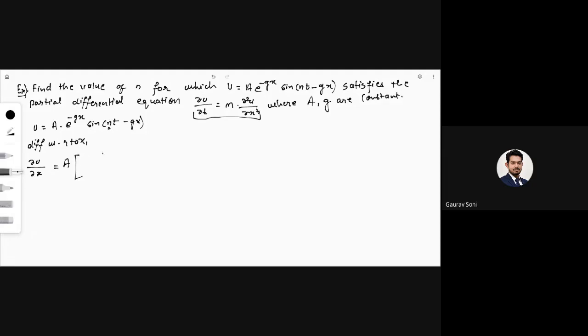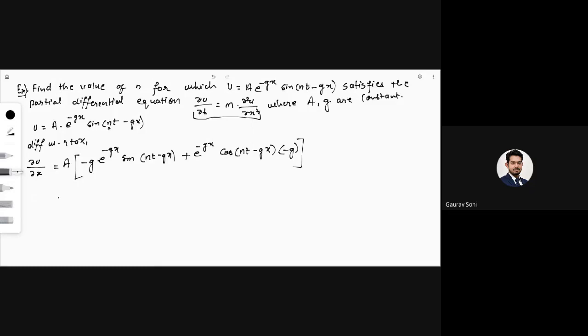Derivative of e to the power minus gx with respect to x will be minus g e to the power minus gx sine of nt minus gx, plus e to the power minus gx as it is, derivative of sine will become cos of nt minus gx, by chain rule, derivative of nt minus gx with respect to x will be minus g.